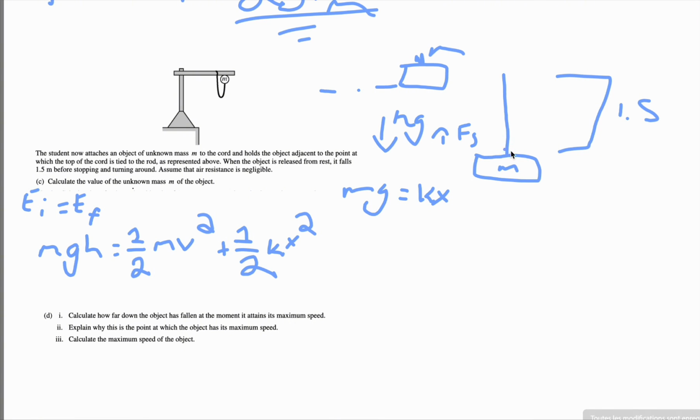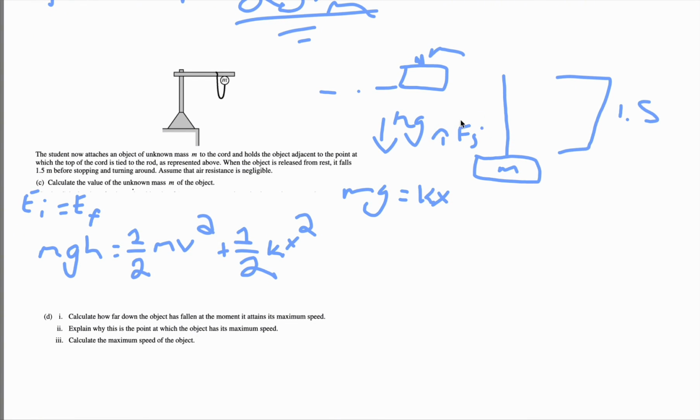As displacement gets larger and larger, the spring force increases up until that 1.5 meter length point, in which case velocity will start slowing down, and go down at a lower speed until it reaches 0. So we can't quite use this yet.